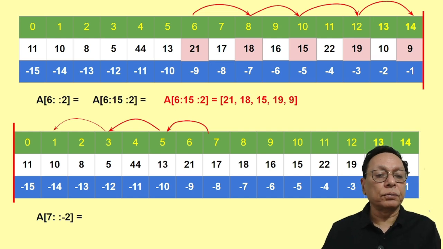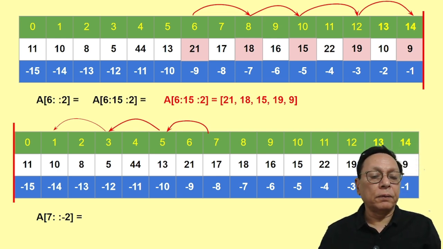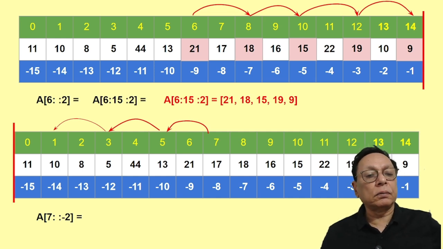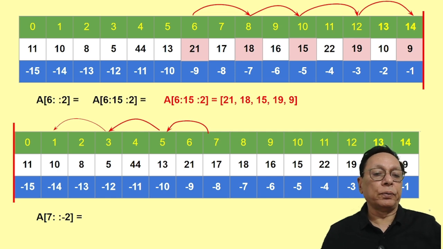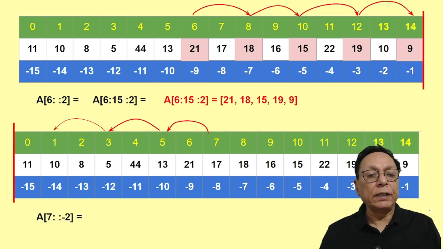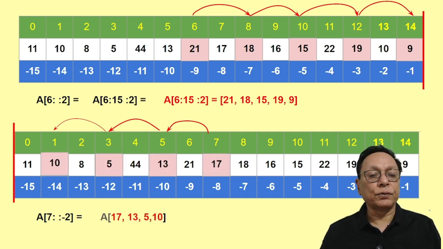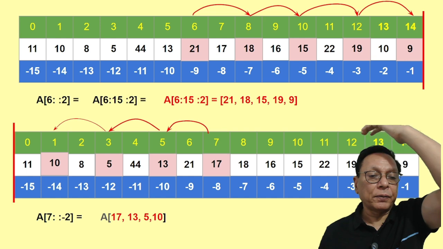So 7 to minus 2 means we are moving from 7 towards the start. When you reach 1, the next step would be beyond 0, so we'll have to end here. The values should be 17, 13, 5 and 10. So this shaded area is the slice.